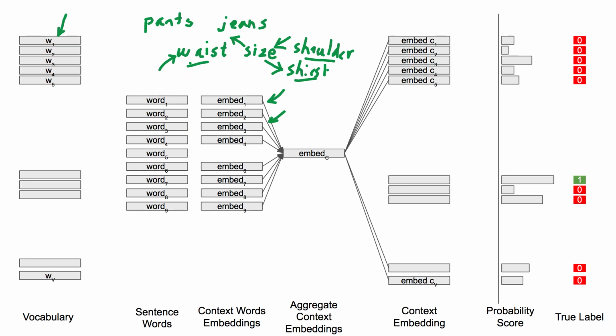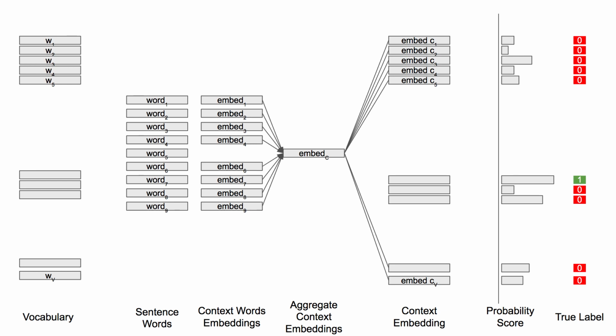Okay, let's consider one more example. Let's look at the word size, and let's say we have screen: 6 inches. This is another word, 6.5, maybe 5.7.